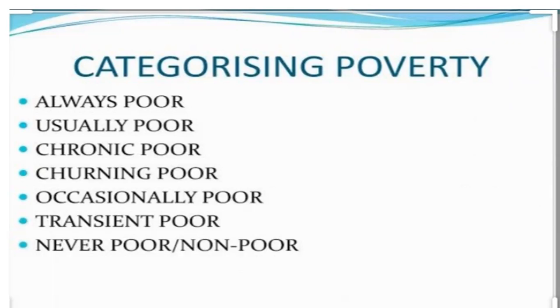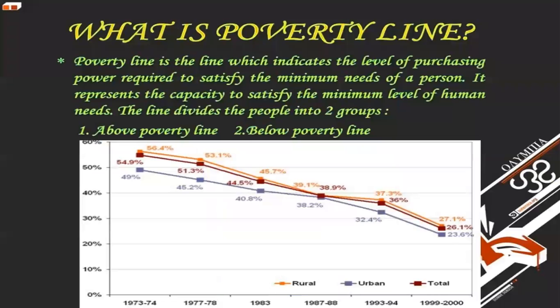Then the transient poor may be classified as churning poor or occasionally poor. Next are the never poor or non-poor, those who are literally not poor in our country.